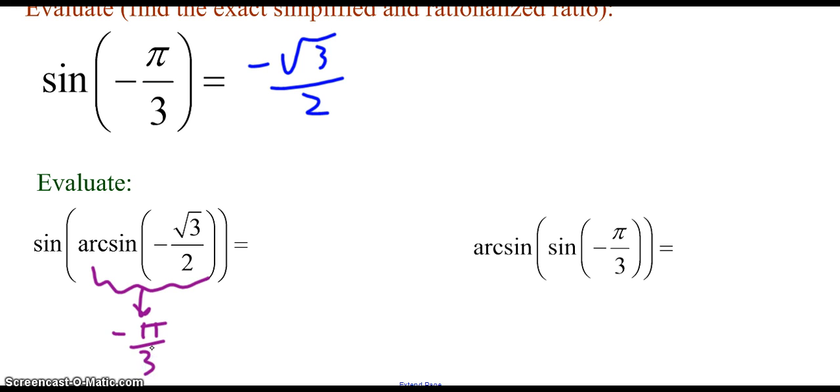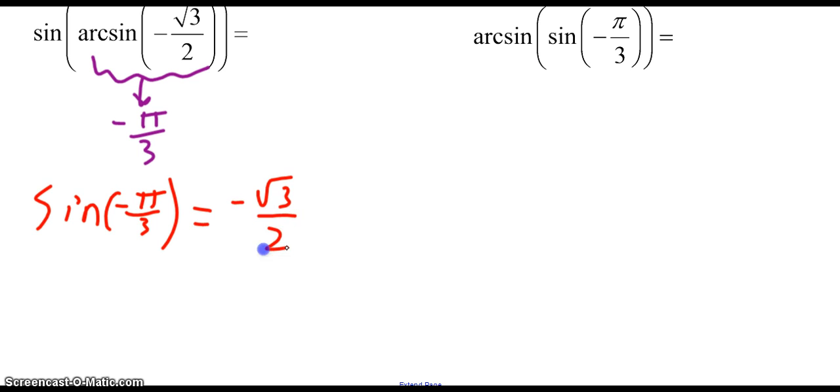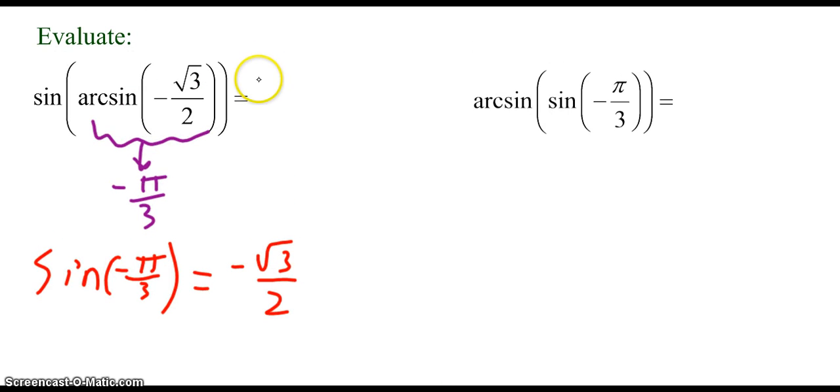That is negative pi thirds. So then this question becomes, what is the sine of negative pi thirds? That is negative root 3 over 2.